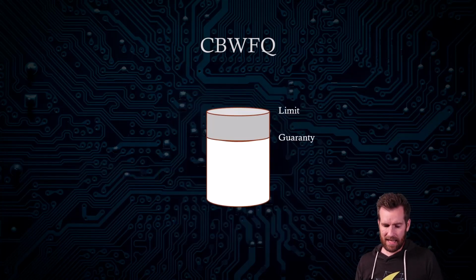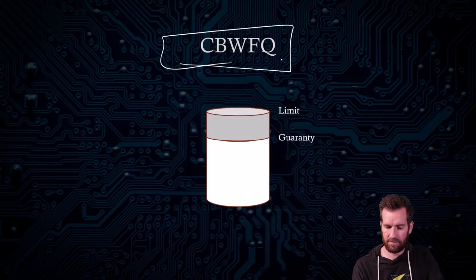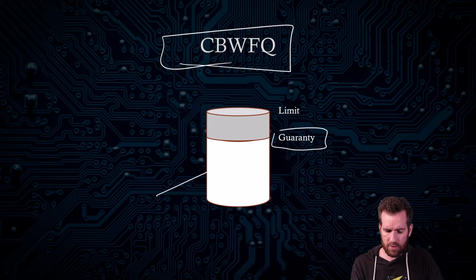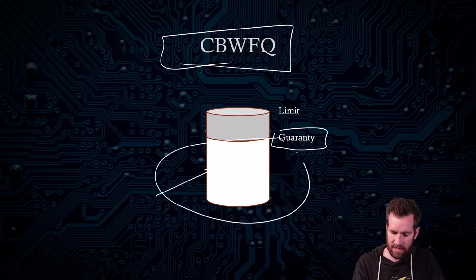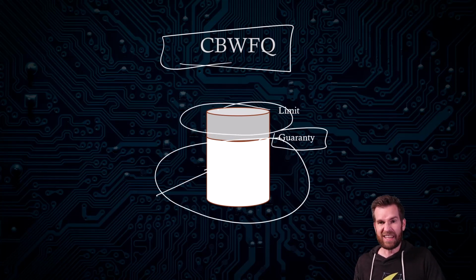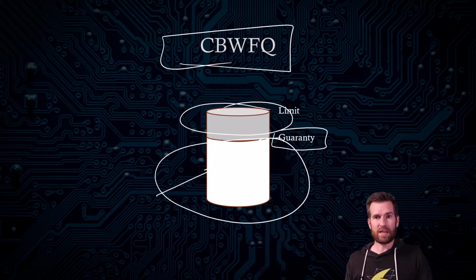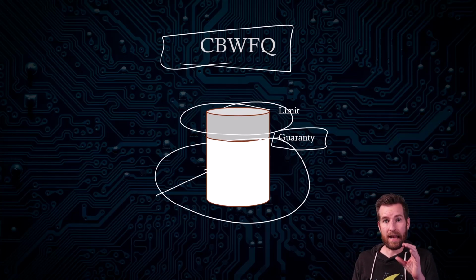Now, one nice thing about this class-based weighted fair queuing is we can give it some sort of guarantee of bandwidth. And so this is the guaranteed bandwidth right here, and we can also set a limit. So for each one of these queues, we can really get more granular in how much traffic we allow across there.